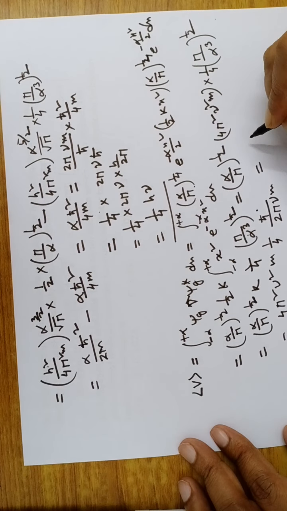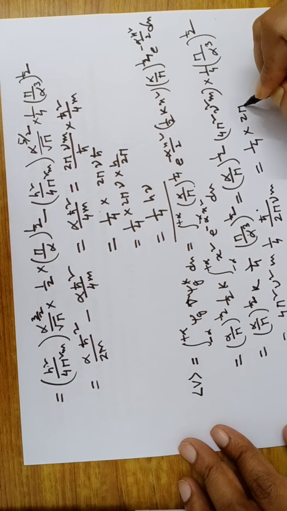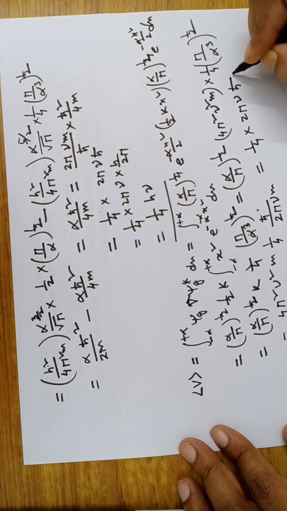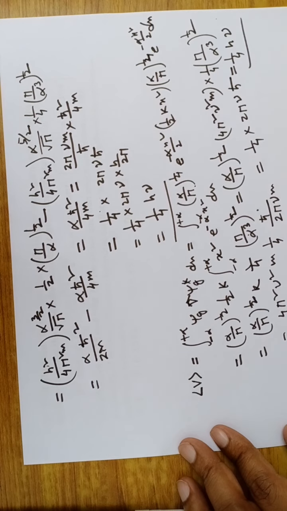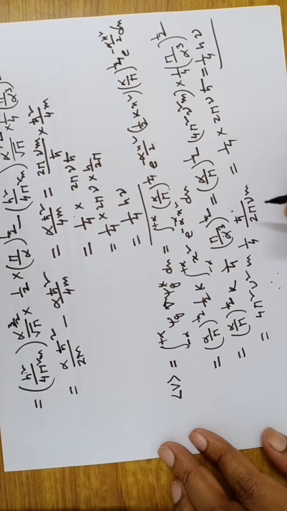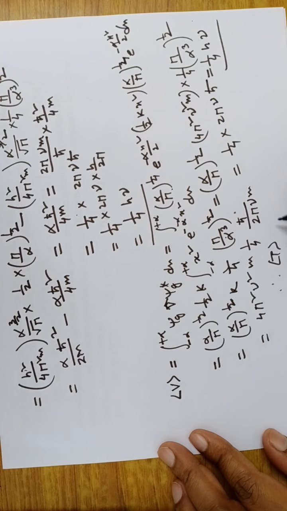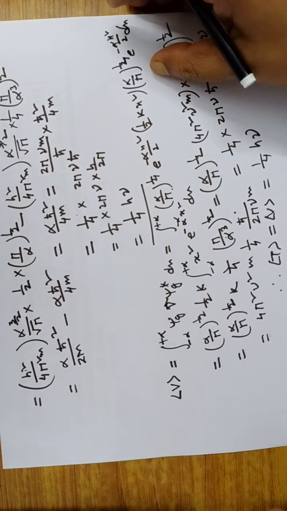Then equal to, can write 1 by 4 into 2 pi nu h cut. H cut again h by 2 pi, that means 1 by 4 h nu, 2 pi cancel out. So we can say that T average must be equal to V average equal to 1 by 4 h nu. Okay, so that was the correct option.